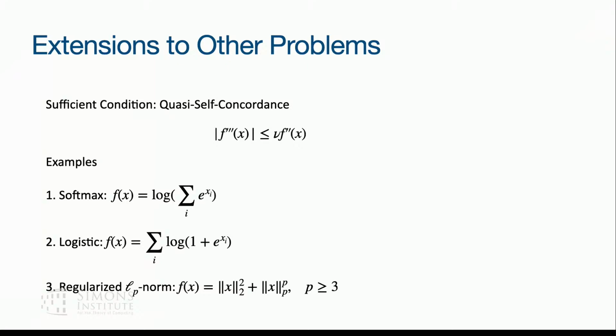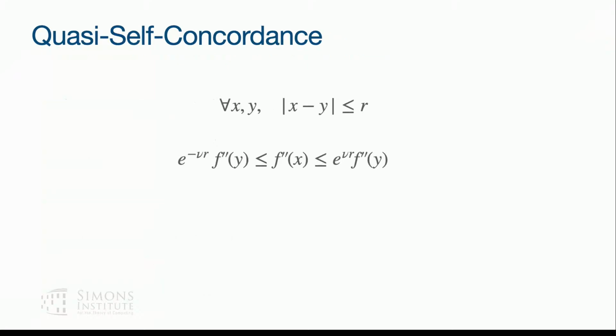So the key property of why these quasi self-concordant functions are useful is that it actually implies this property of Hessian stability. That means that if two points are close in space, the Hessians at those points differ by only a small multiplicative factor. And this property actually allows you to say that the function is locally quadratic.